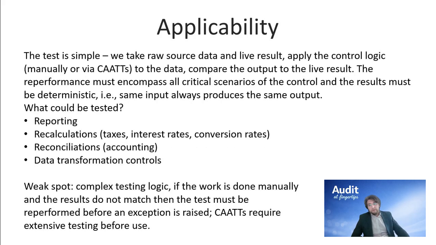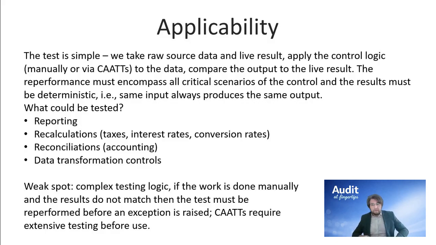Okay, so what do we do? Normally we cover cases like reporting, recalculations, in our case taxes, interest rates, reconciliations, especially in accounting, right? It's very good for reperformance. Data transformation controls, especially for data quality management, are very nice because the data transformation tools have specific rules and specific steps which are easy to reproduce, right?